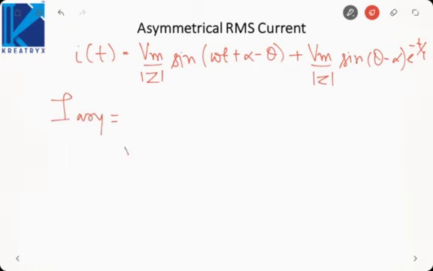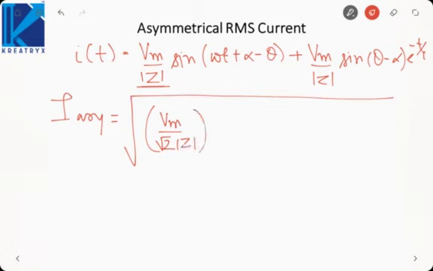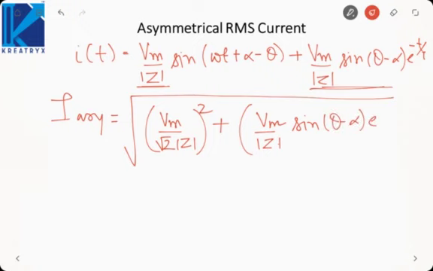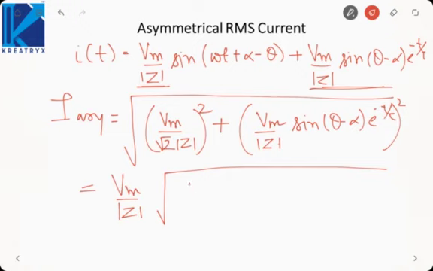So I asymmetrical will be under root, the RMS value of this current will be Vm by root 2 mod Z squared. The RMS value of DC current is the same as the DC current itself, Vm by mod Z sin theta minus alpha e raised power minus t by tau, squared. Vm by mod Z can be taken as common, under root half plus sin square theta minus alpha e raised power minus 2t by tau. This will be the asymmetrical RMS current.